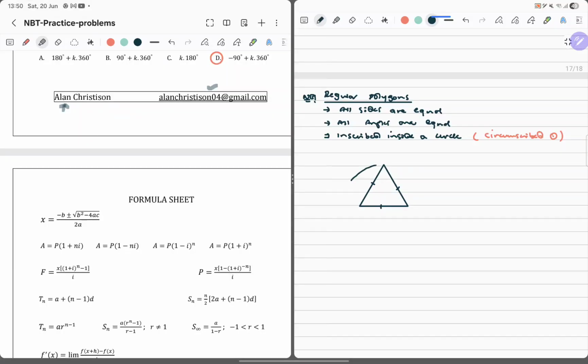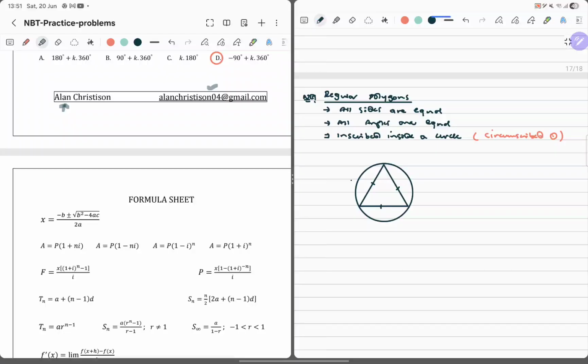Obviously, we said there must be a circle passing through the vertices of our triangle. It's not perfect exactly, but it's doing the job. So basically, we have this situation.